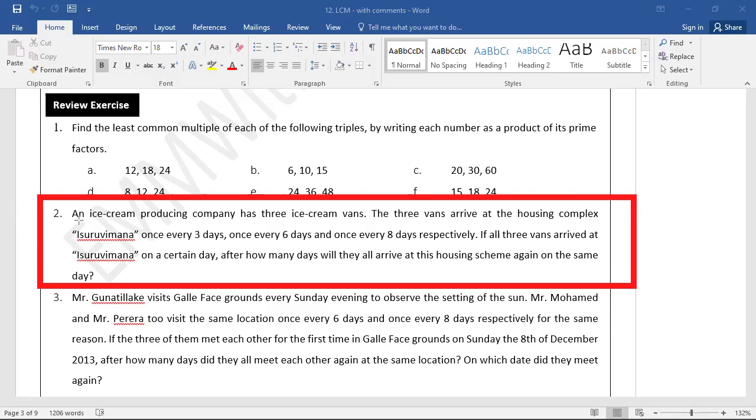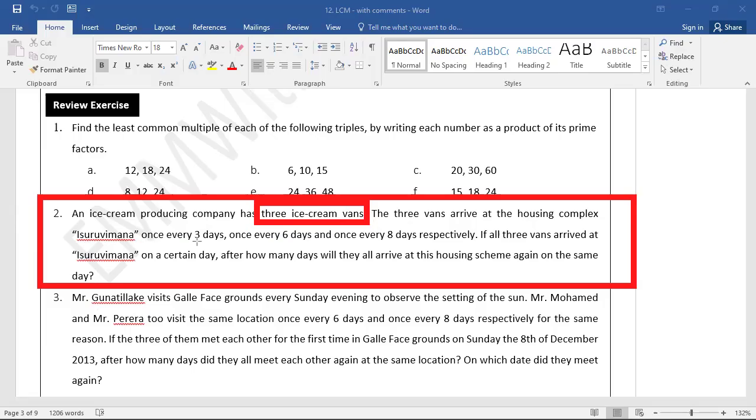Let's read this one. An ice cream producing company has 3 ice cream vans. The 3 vans arrive at the housing complex.